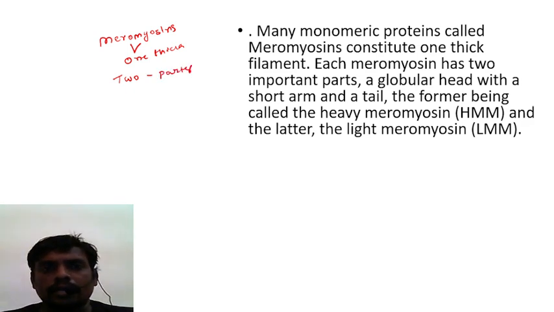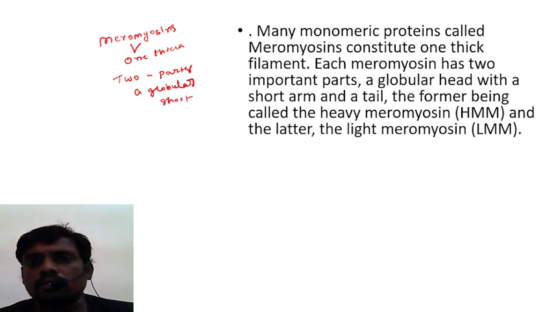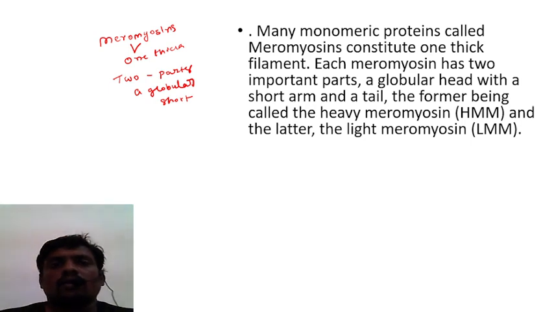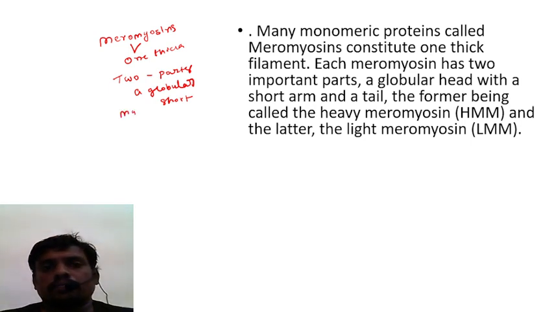A globular head is present, along with a short arm, as I showed you in the diagram. A tail is also present. Here, the heavy meromyosin and the light meromyosins are located on the myosin.